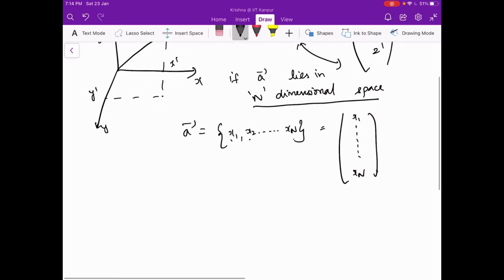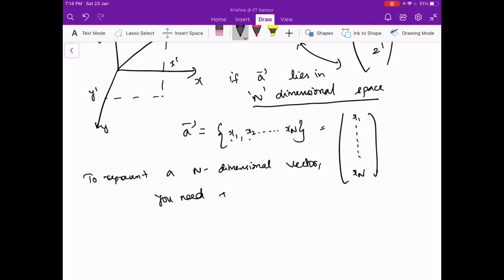So basically, to represent an n-dimensional vector, you need the intercepts along n orthonormal axes. So this is what we have conventionally followed, but there is a mathematical basis behind this.